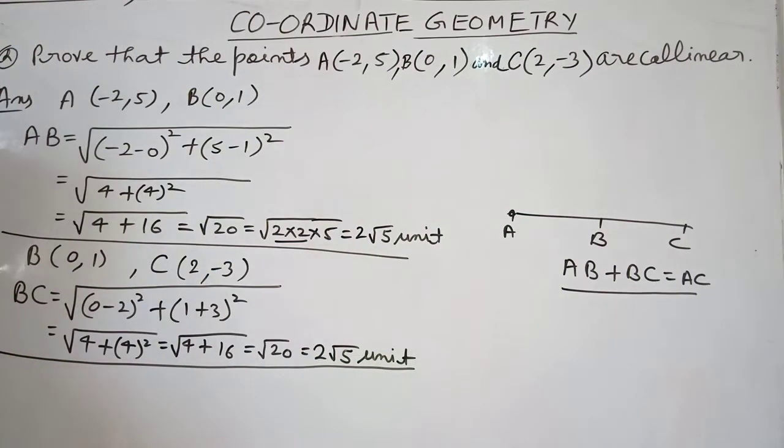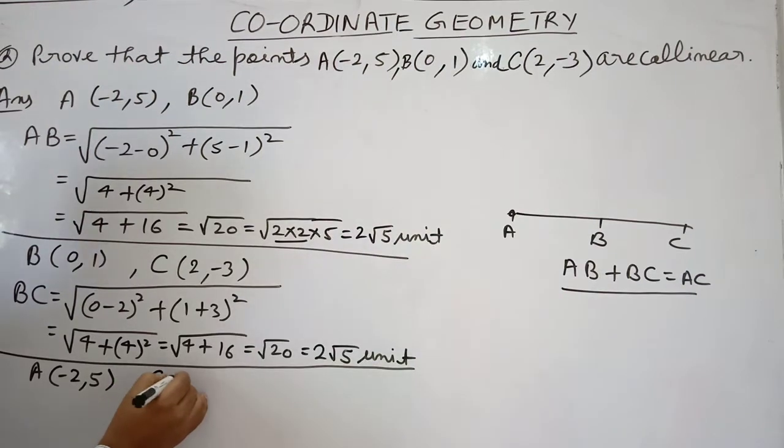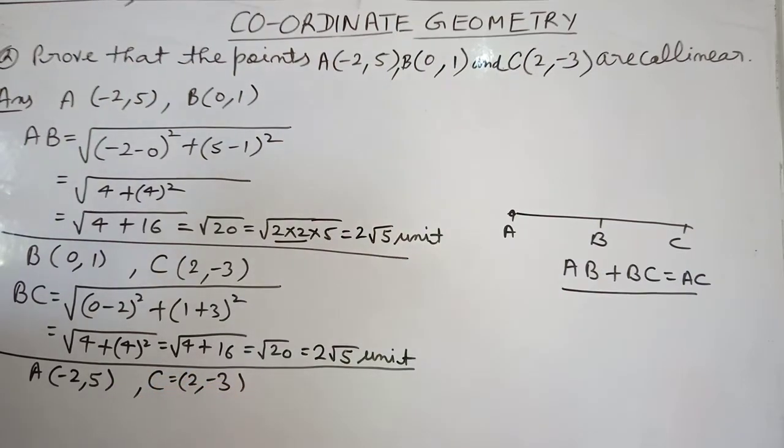Now we have to find AC. What is A? A is (-2, 5). C is (2, -3).